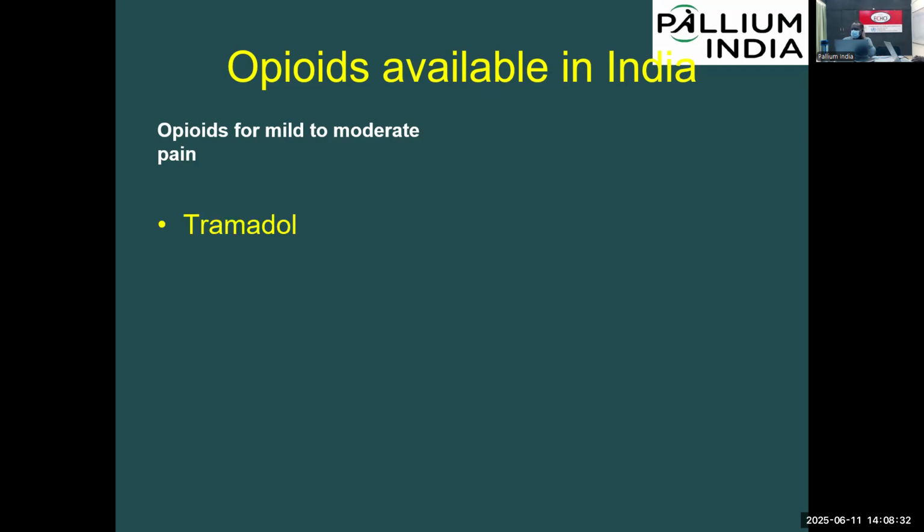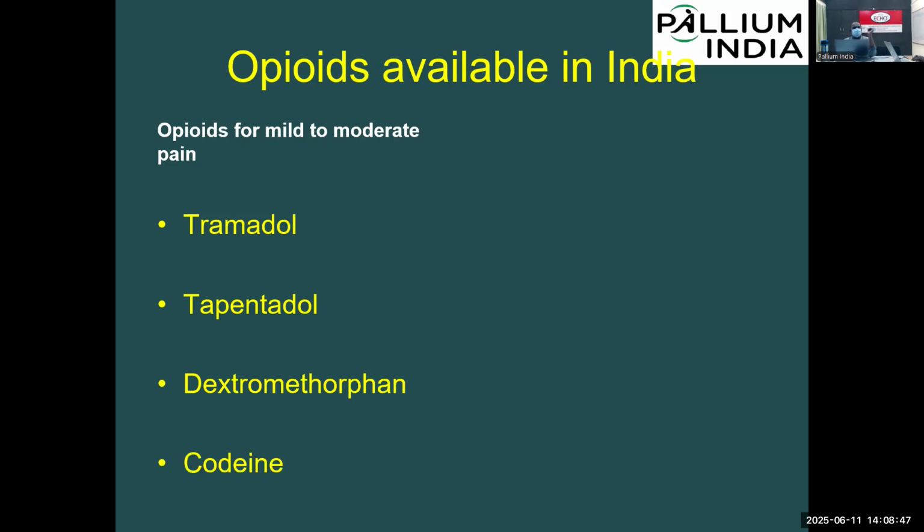These are tramadol, tapentadol, dextropropoxyphene, and codeine. Sorry, I have written it wrong on the slide; it is dextropropoxyphene, not dextromethorphan. These are the opioids used in the second step of the WHO analgesic ladder to treat pain.